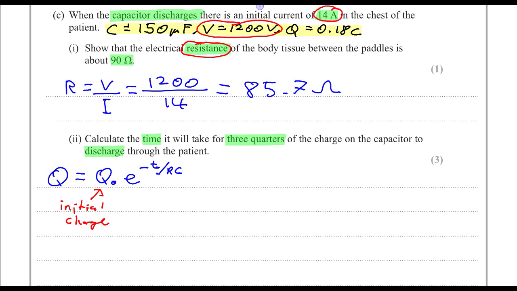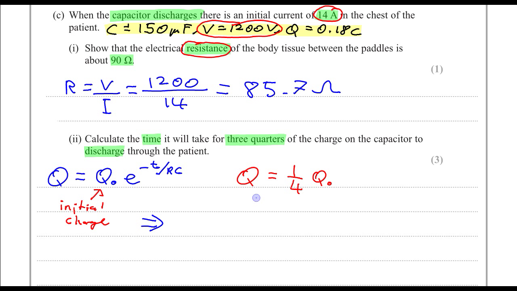Given that we are giving out 3/4 of the charge, so we are going to 1/4, we can say that Q, which is the charge at any time t, should be 1/4 of the initial charge. So we can put this into our equation and other values that we know.